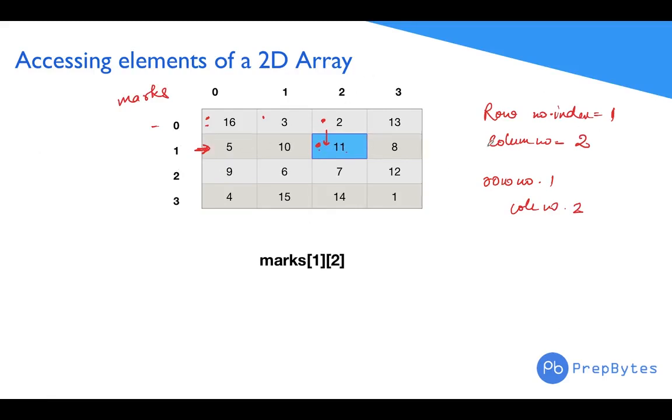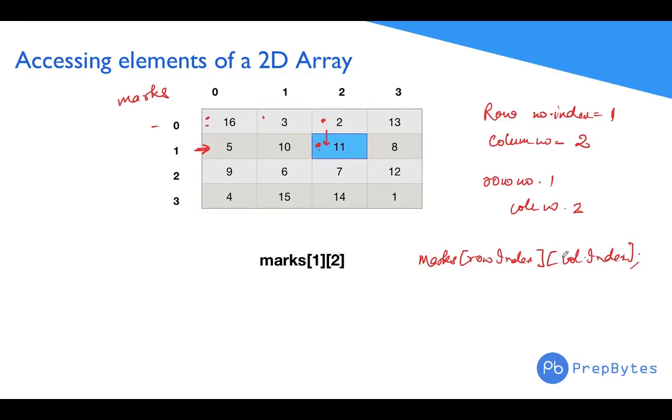We have to use both of these pieces of information to get the value at this particular place. If the array is marks, we will use marks, give the row index in the bracket, and then give the column index in the bracket. So this is how we access each and every element in the array.